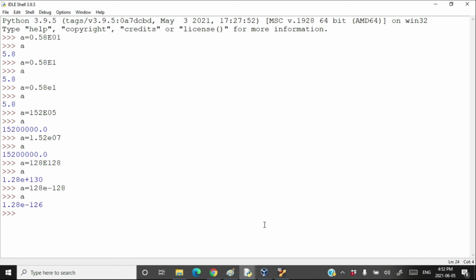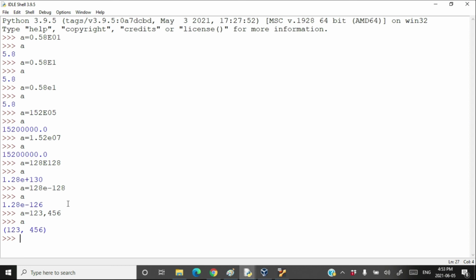One thing, this is not the exponent form, but if I write a is equal to 123, 456, press enter, the compiler does not say any error. If you type a, it creates something like this. So if you try to create an integer with a comma, the Python interpreter will not throw any error, and neither will the interpreter create the integer.